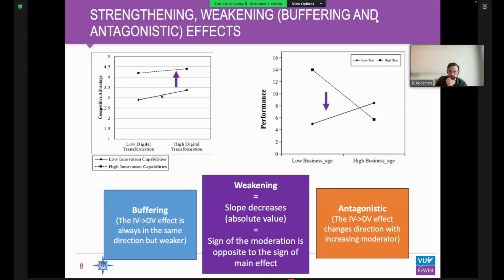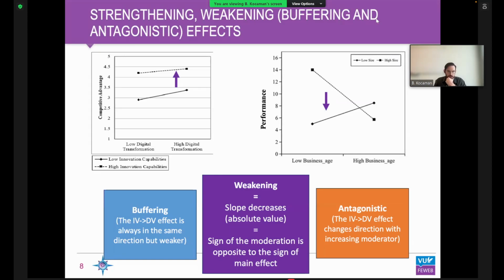If you look at this slope versus this slope, it's actually smaller. This reduced the relationship between the two. When I go from low to high, this slope was like this, and it became like this. So the slope decreased. Indeed, the main effect and the moderation effect are on opposite sides. That's why it's a weakening, or in this case, buffering effect.